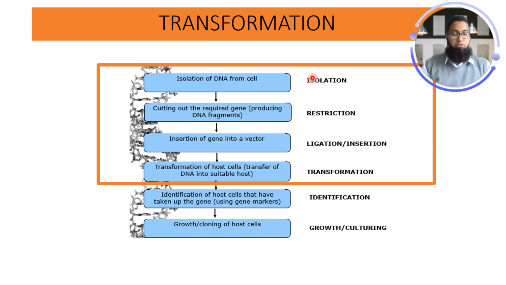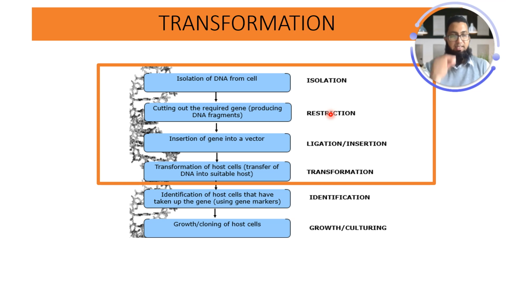Isolation. So we should know that we are isolating our desired DNA fragment, our desired gene, maybe an insulin gene. And there are different ways of isolating that. And then number two is using restriction endonucleases. Very important enzyme to have those sticky ends.